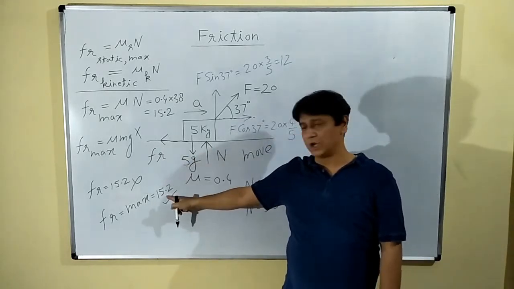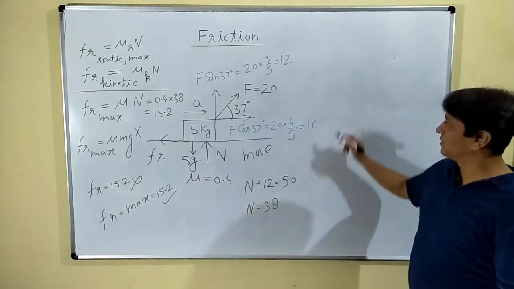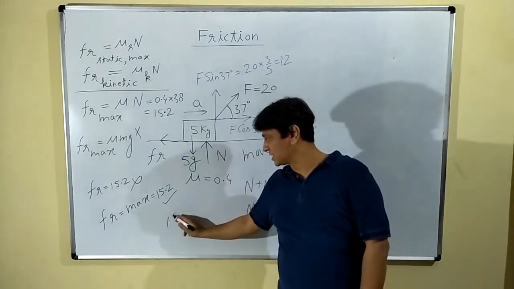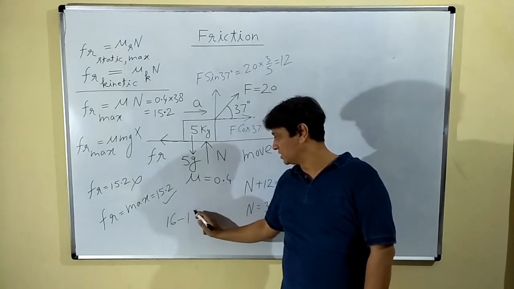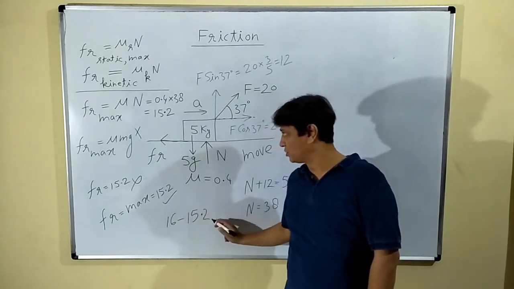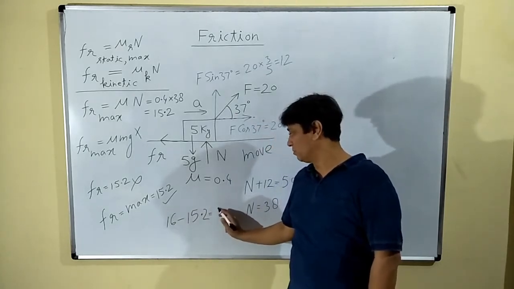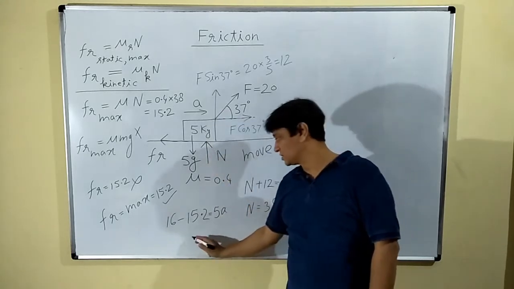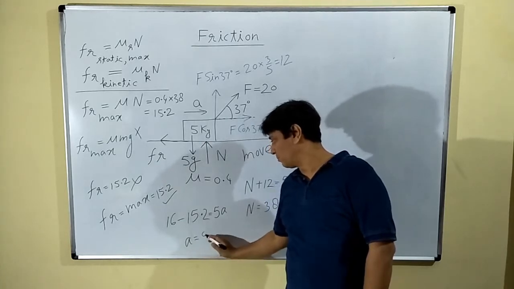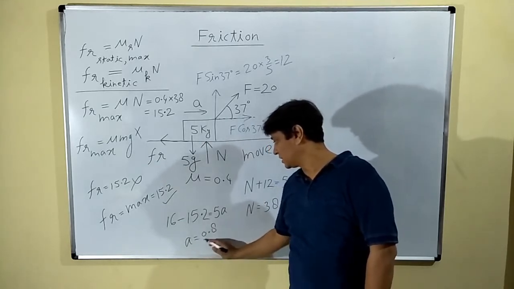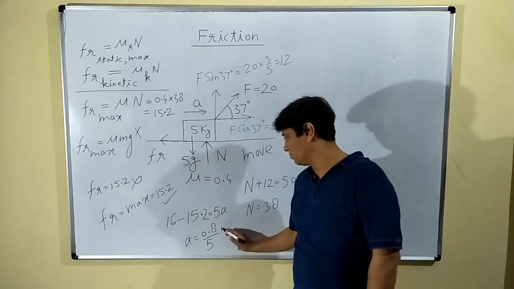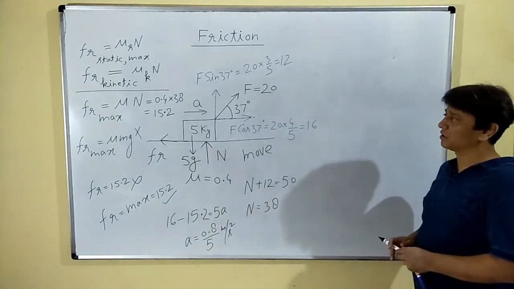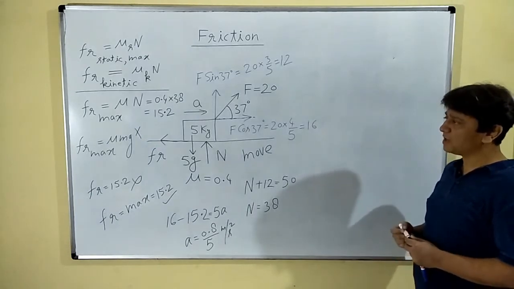Fr, whose value is what? 15.2, and therefore net force on this 5 kg is coming 16 minus 15.2, which is mass 5 into acceleration a. This gives us a as 0.8 divided by 5 meters per second square. You can also find value of acceleration using this equation.